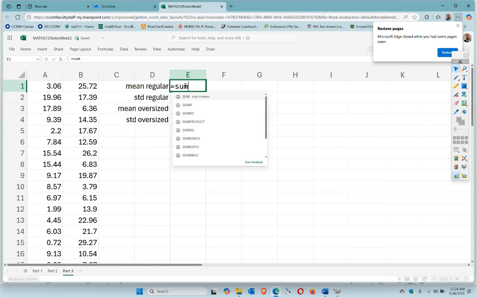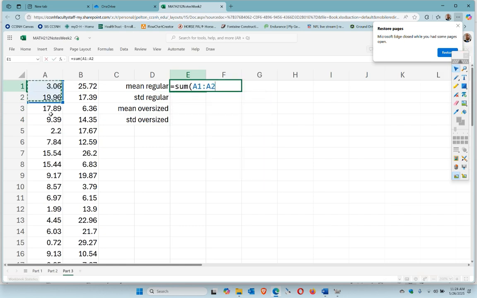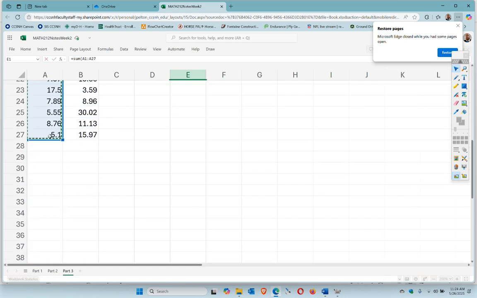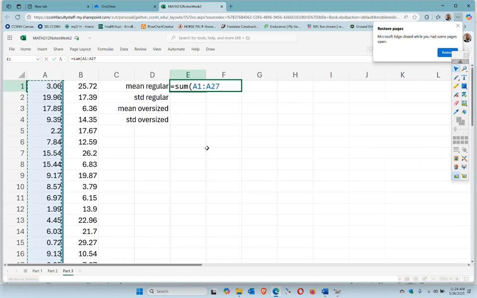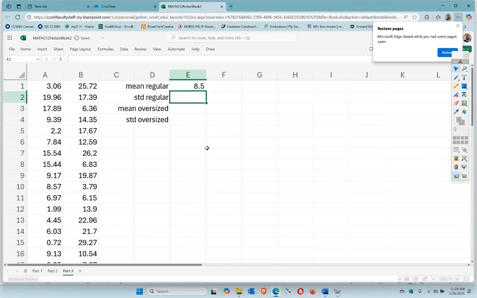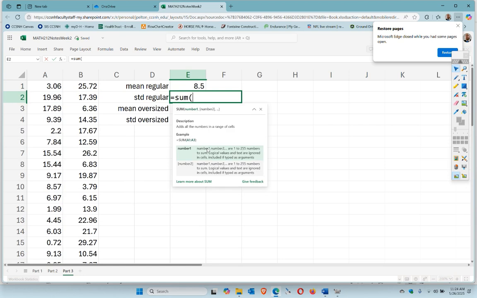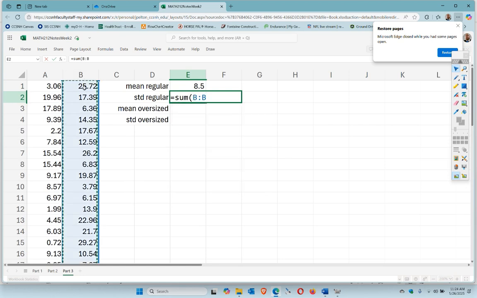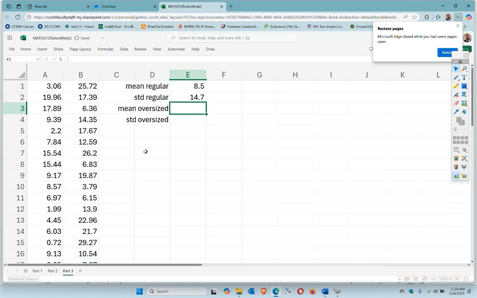So equals the sum of all of those, add them up, and divide by 27 values. There's our mean. And then sum, add them up. Oh, okay, that probably still works. Divide by 27. Yeah, that works.